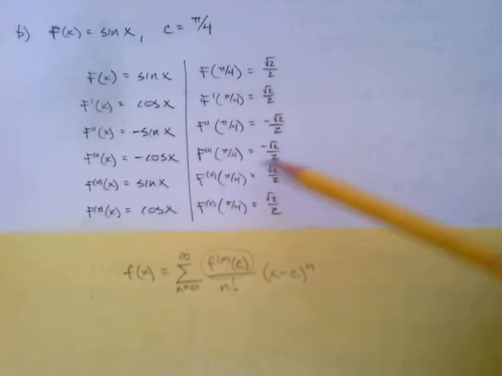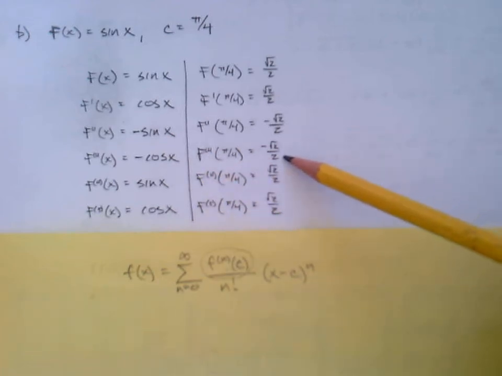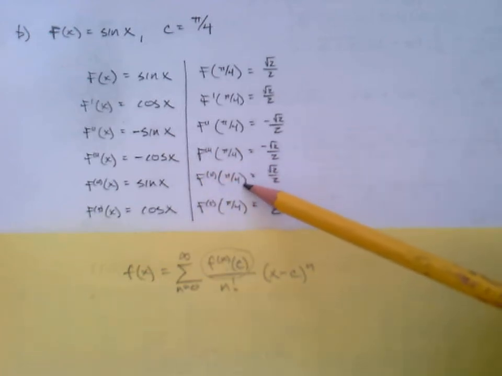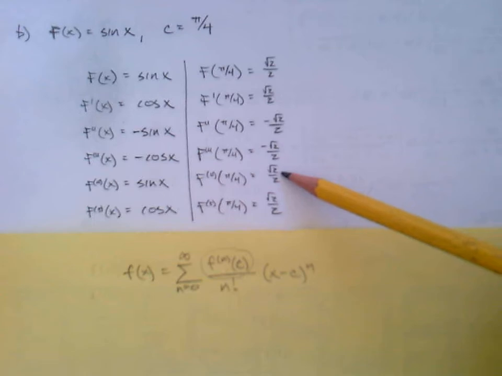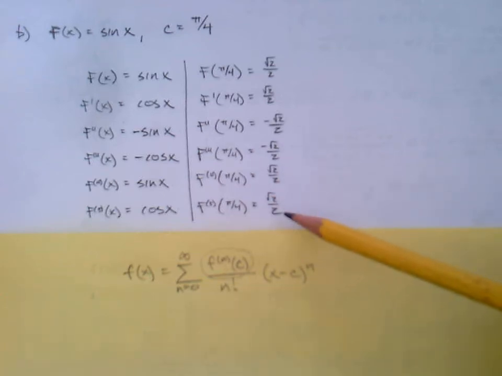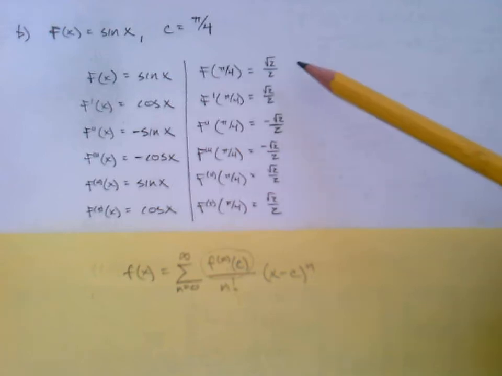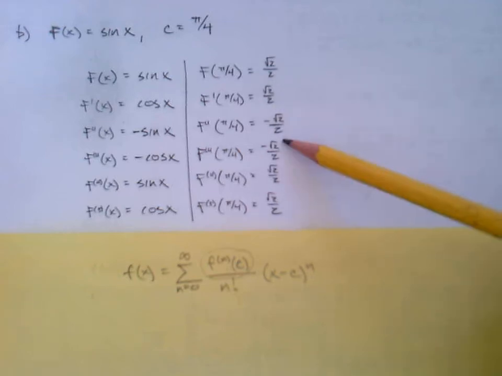Our third derivative, with cosine, also negative root 2 over 2. Our fourth derivative goes back to positive. And maybe you can see why I did a fifth derivative, because we get that second positive. If we did a sixth derivative, we'd hit the negative. So it does this pattern: 2 positives, 2 negatives, 2 positives, 2 negatives.